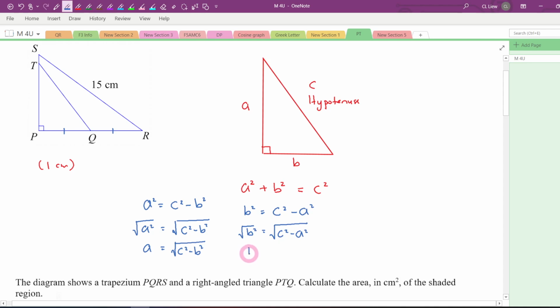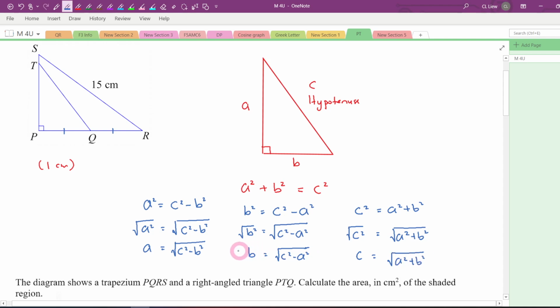And here we will be able to get B. Okay, so this is the way how we get B. Now how about C? To find the value of C, square root both sides. Here we will be able to get C, right?